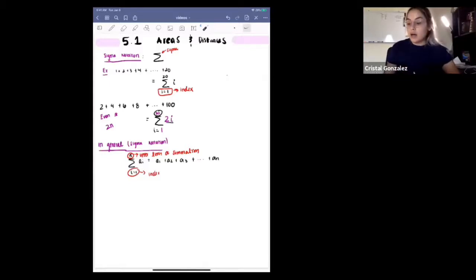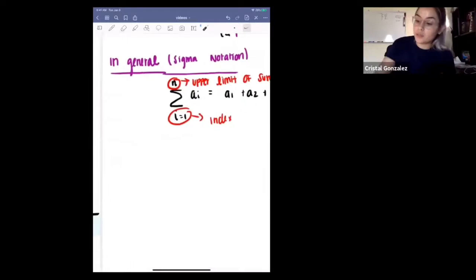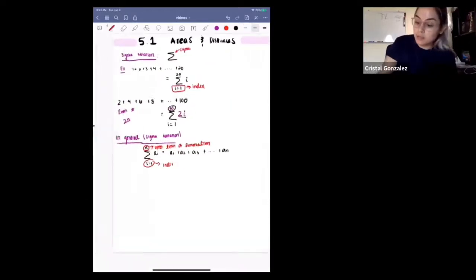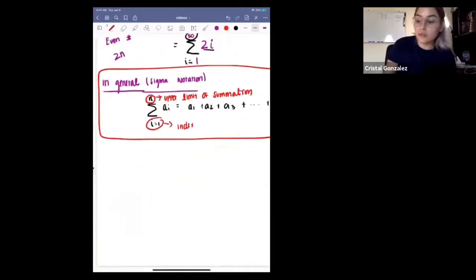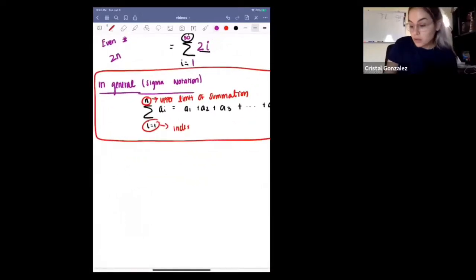So please pay attention. Okay, so let's do a few examples. This is something you want to box so that you get used to it. This is just your general sigma notation. And now we'll move into a couple of examples.